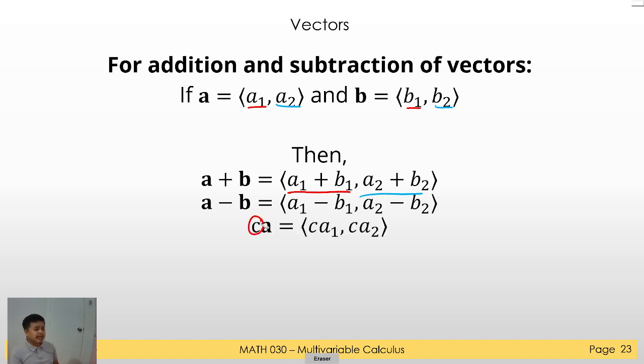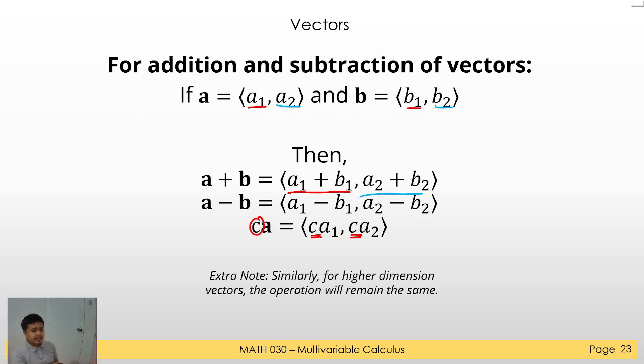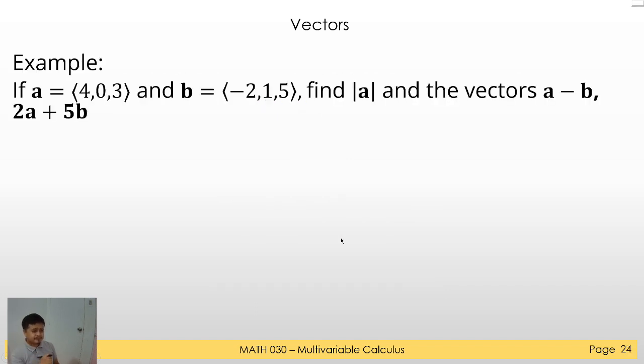And if we multiply a vector by a constant, or a scalar value, we just distribute the scalar value through all the entries, or all the components. This is the same for higher dimensions: addition is entry-wise, and for scalar multiplication, we multiply the scalar value with each of the components.